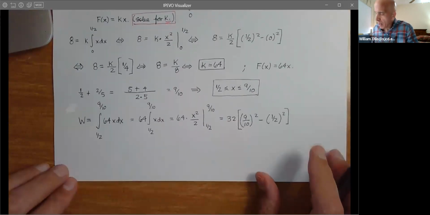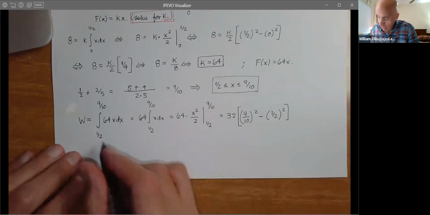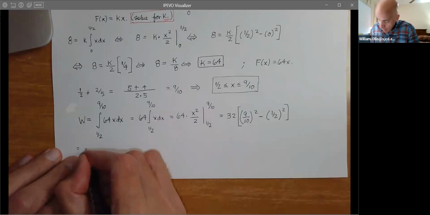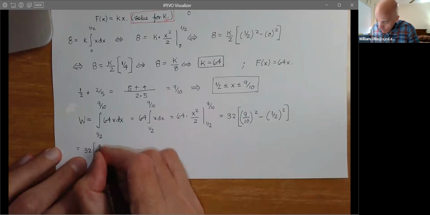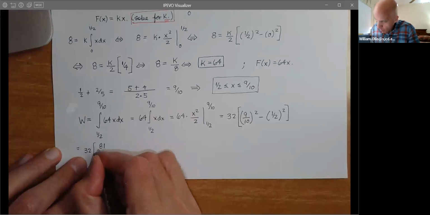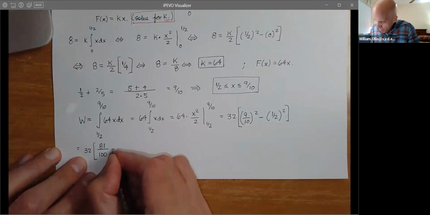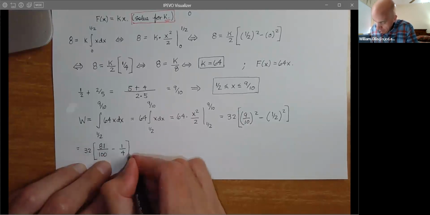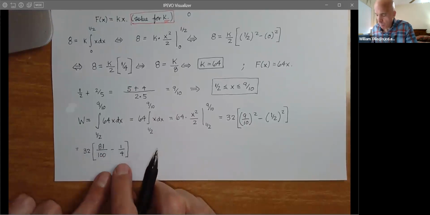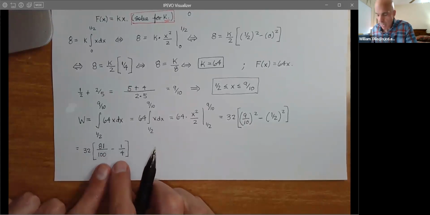Now at this point, we can again get a common denominator. So this will give us, these are easy numbers, so we don't always have to factor. This is 81/100 minus 1/4. So again, WebAssign really was good to us and gave us simple numbers.